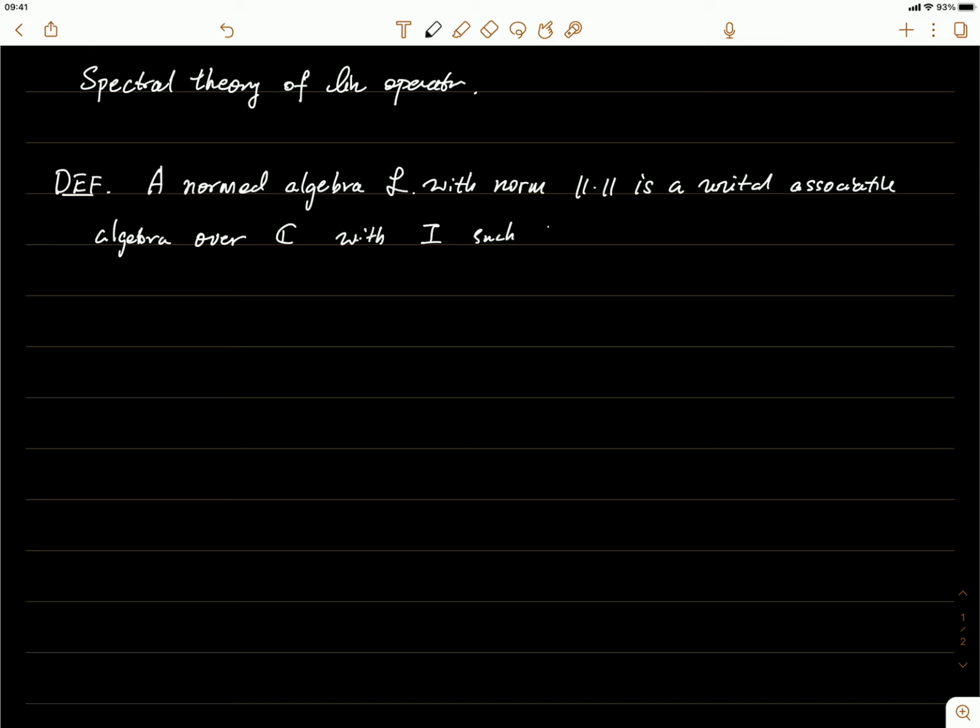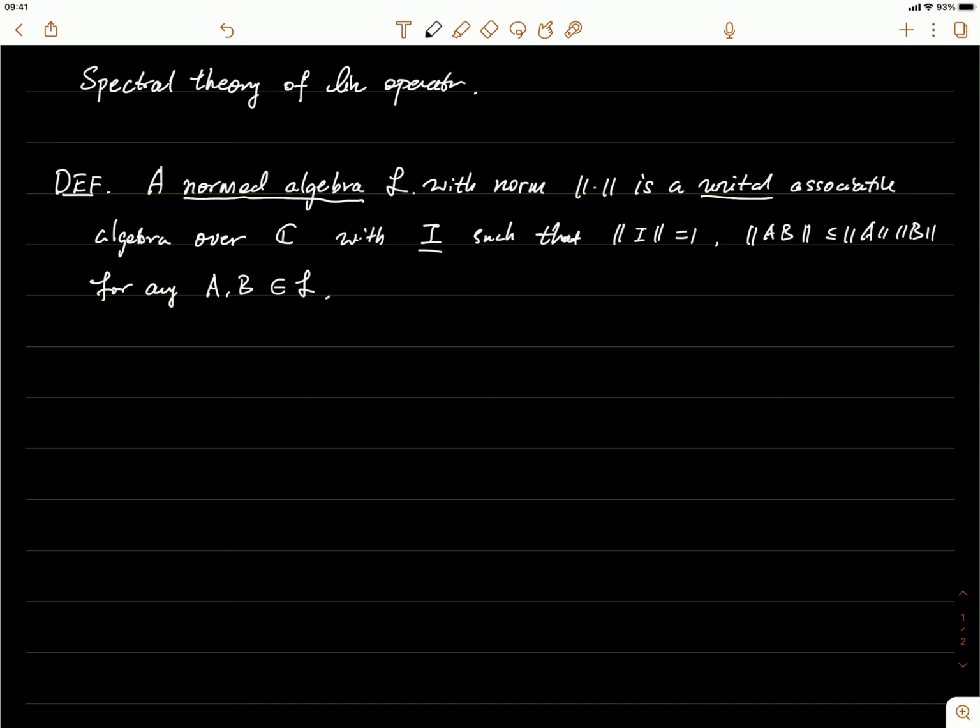The unital means that you have this I, such that the norm of I is equal to 1, and also when you multiply A and B together, the norm of that is less than or equal to the product of the norms of each one of them, for any A, B in L. Okay, so that's called a normed algebra.